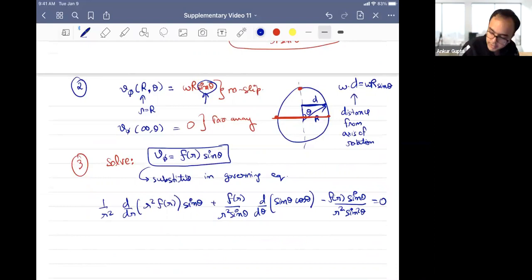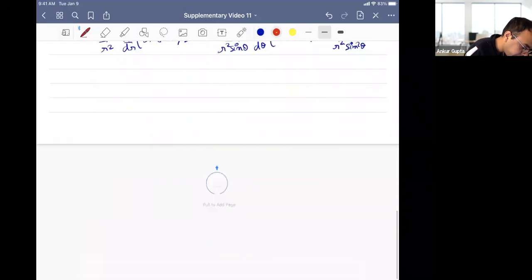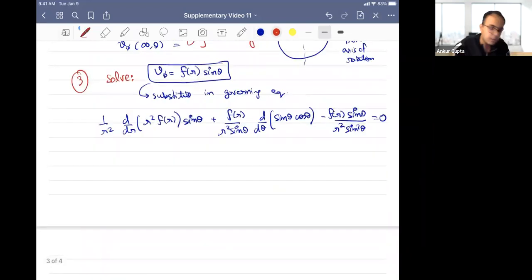All right. So now let's just take out everything which does not have a theta term.